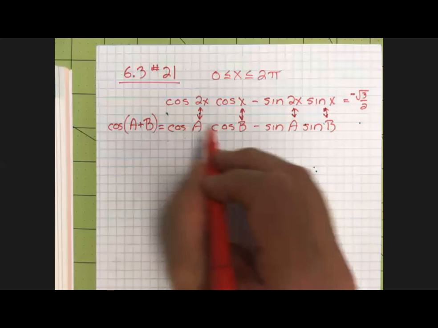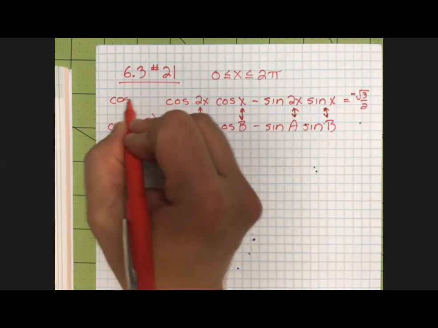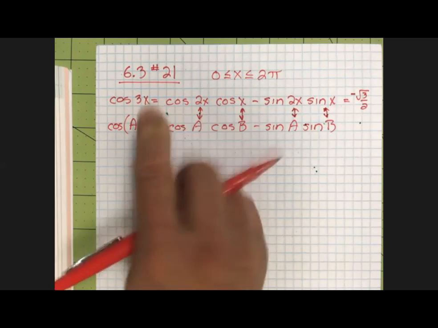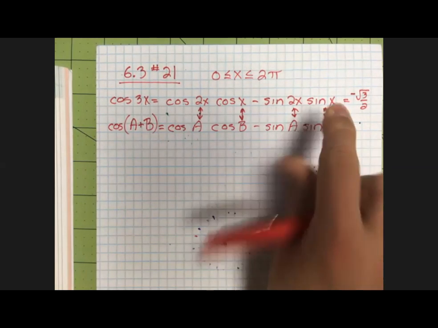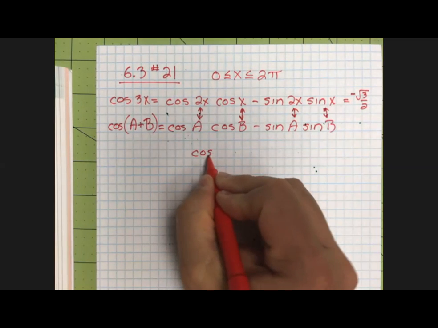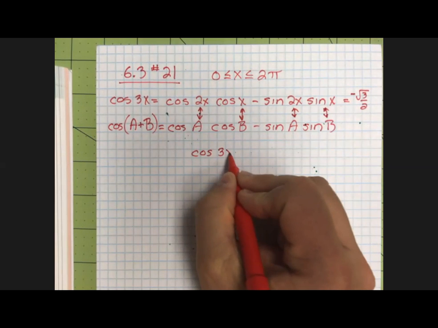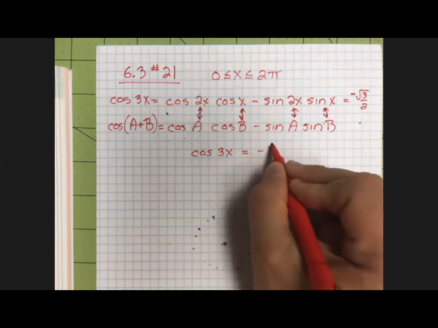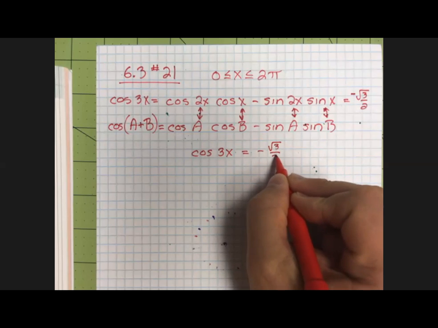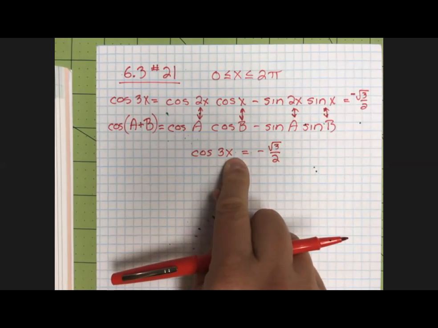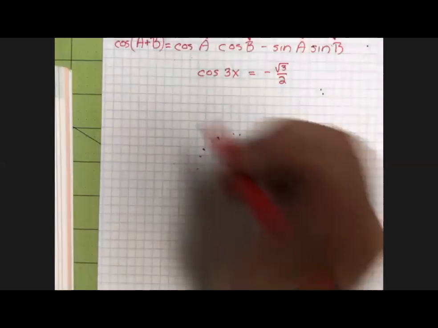So this whole expression right here turns out to be the cosine of 3x. And now the problem is more recognizable. When is the cosine of 3x equal to minus root 3 over 2?